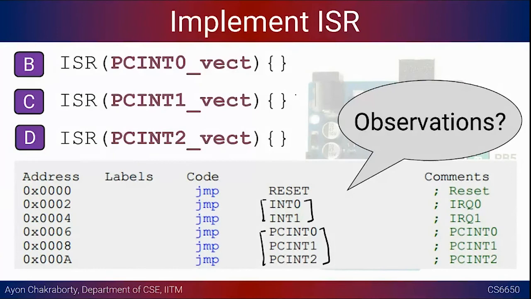Any one of them is pressed, it is going to jump here only, and from here you need to check which particular pin was pressed. You have to read the value manually and then understand which particular pin was actually pressed, which is not the case when you are using an external interrupt.